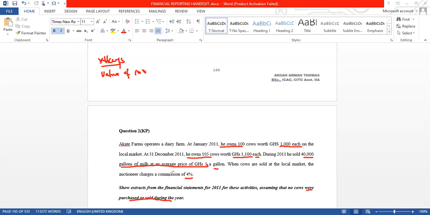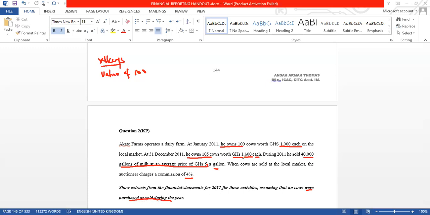All right, we need to look at that. Then we are supposed to do this assuming no cows were purchased or sold in the year.